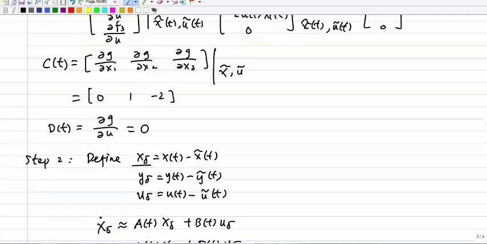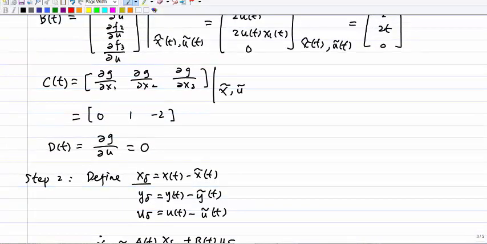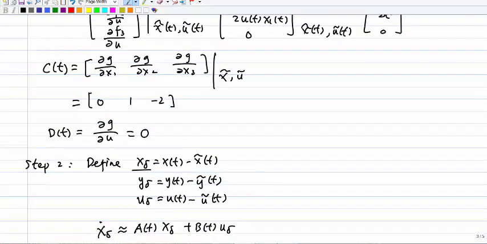Step 2 is to define variables. Actually, the linearized system, we cannot say x dot t is A(t) x(t) plus B(t) u(t), something like that. It's not like that. Actually it's written in terms of delta. X delta is defined as x(t) minus x tilde(t). Y delta is y(t) minus y tilde(t).